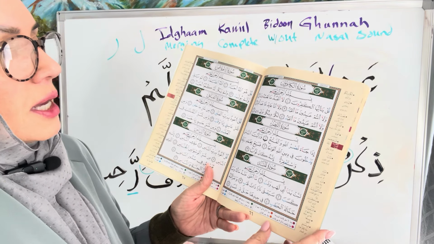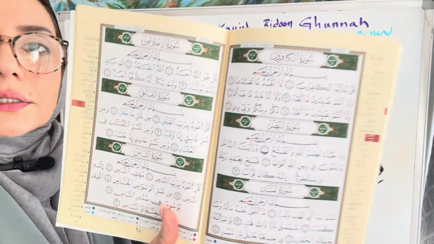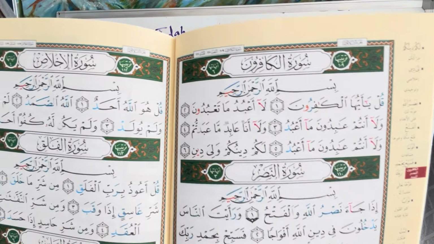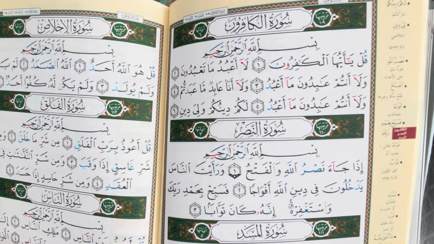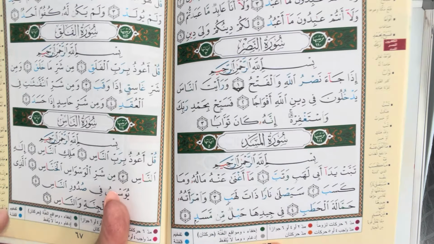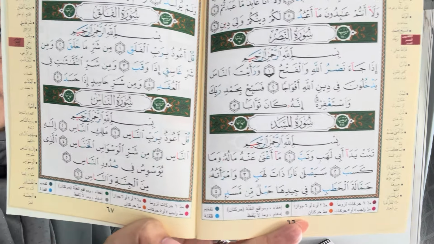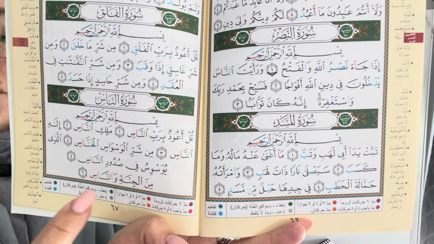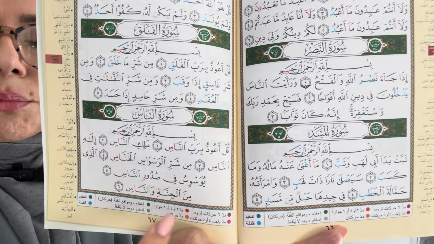The reason I'm pointing this out is because everything is color coded, if you can see. And so every color in here tells you, if you look at the bottom, all of these color codes, right next to it, there's a rule that applies.